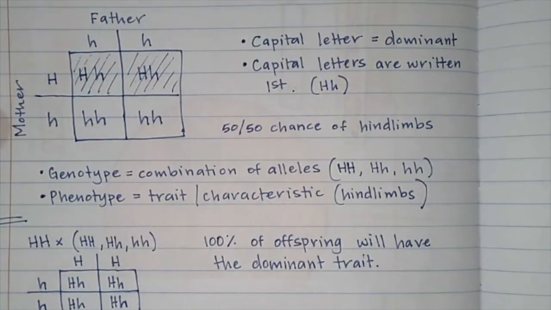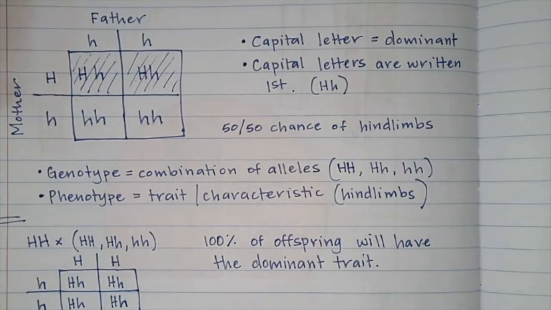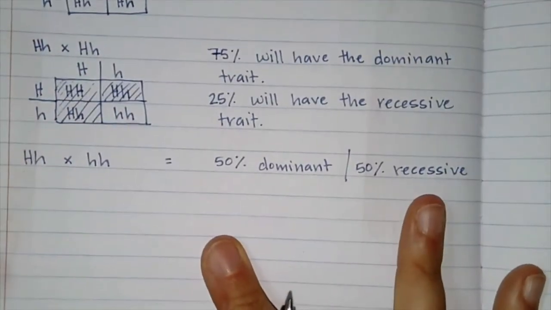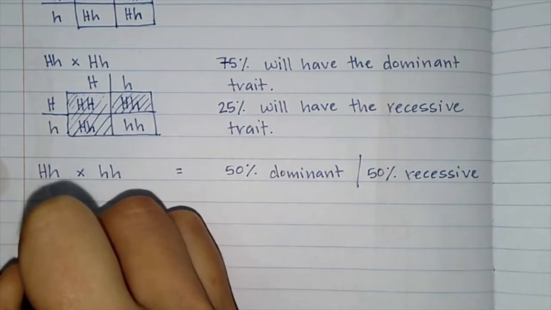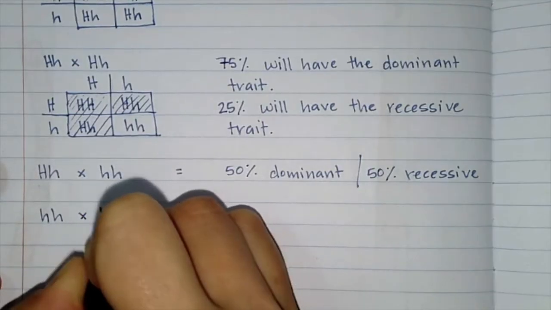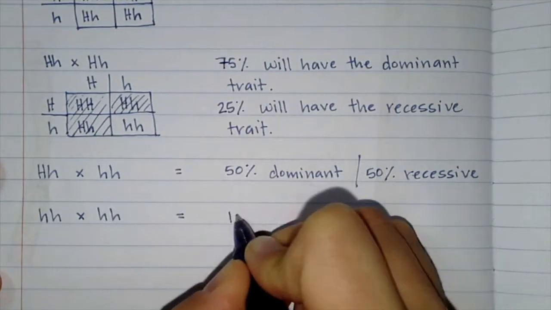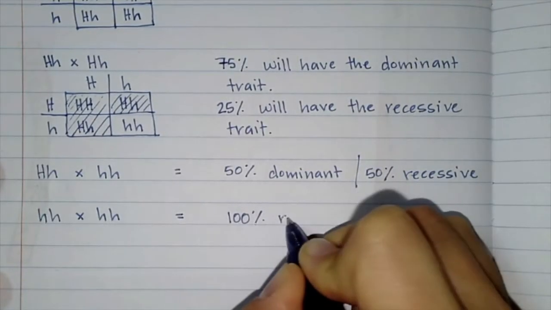So here we've got one heterozygote parent with one recessive parent, and they had a 50-50 chance. So 50% were dominant and 50% were recessive. All right, the other cross that we could possibly have is we could have an all recessive with an all recessive, and this is going to have a 100% chance of having the recessive trait.